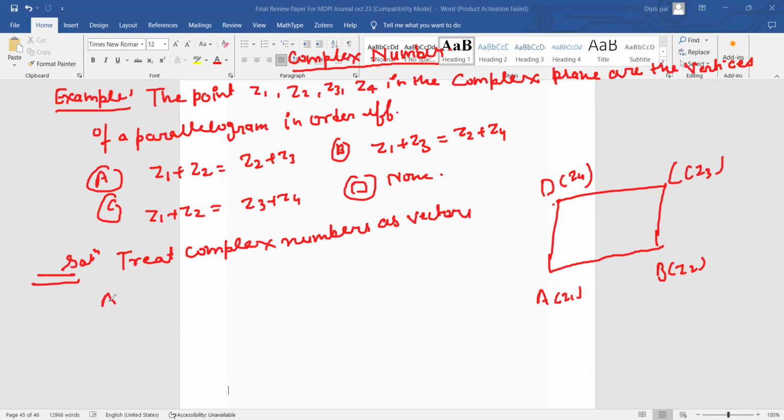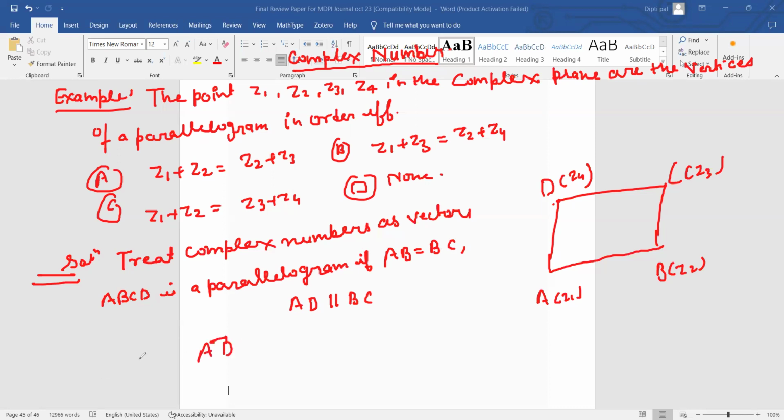So ABCD is a parallelogram if AB equals DC and AD is parallel to BC. Okay. So now AD, this implies the AD vector will be equal to the BC vector.